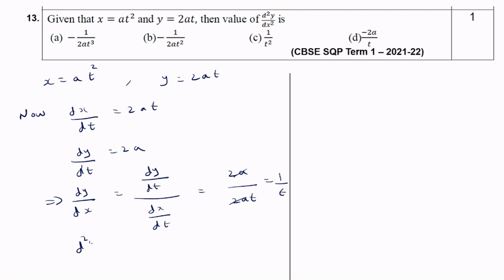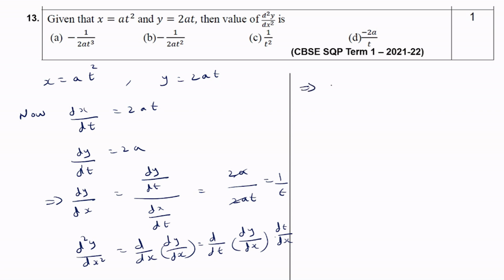Now d square y by dx square, it is d by dx of dy by dx. But here we have dy by dx as a function of t. So again using chain rule, we can write this as d by dt of dy by dx into dt by dx.